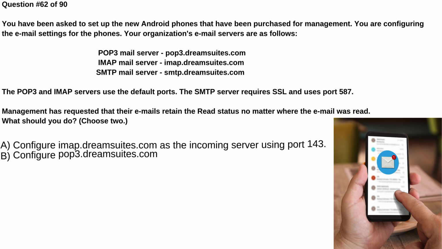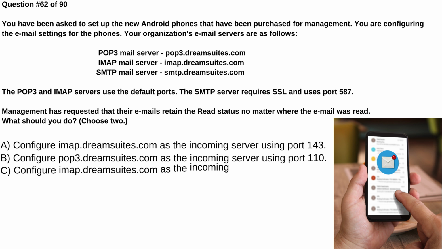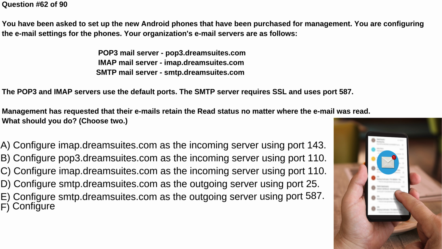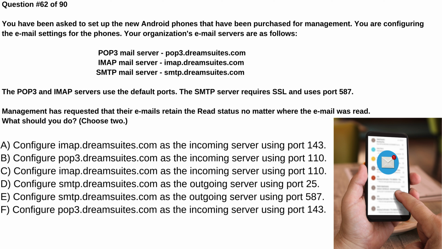Question 62 of 90. You have been asked to set up the new Android phones that have been purchased for management. You are configuring the email settings for the phones. Your organization's email servers are as follows: POP3 mail server, pop3.dreamsuites.com, IMAP mail server, imap.dreamsuites.com, SMTP mail server, smtp.dreamsuites.com.